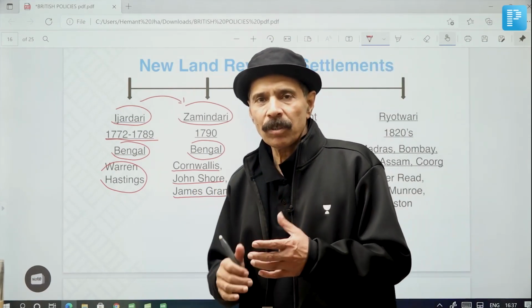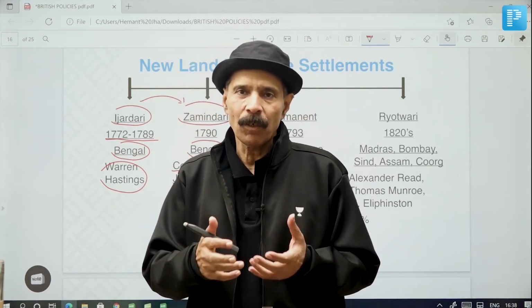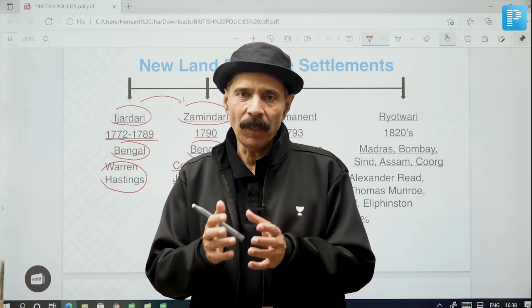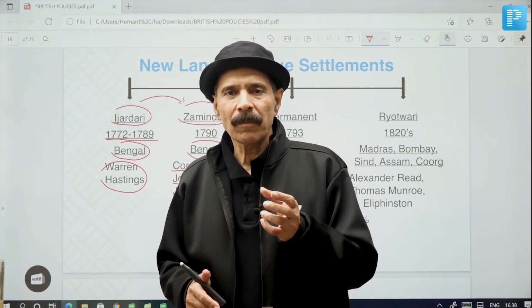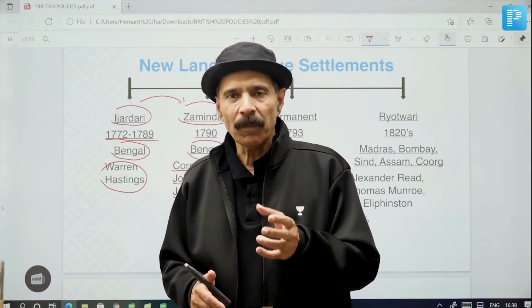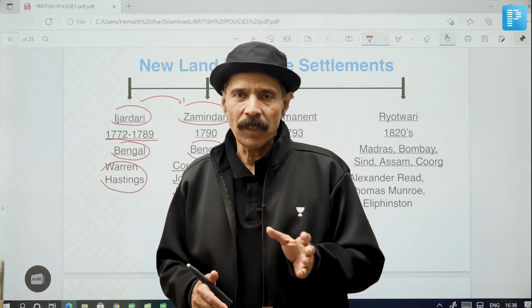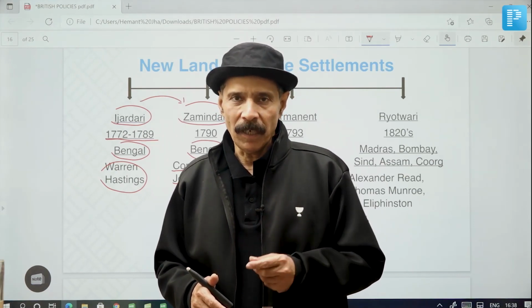This settlement was with Zamindars. Under this, Zamindars were made the owners of the land, and they were given the right to collect revenue. So the occupancy rights of the peasants were destroyed. Peasants were subordinated to the zamindar.